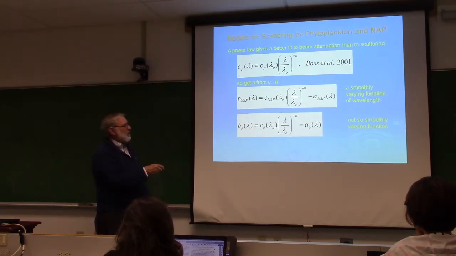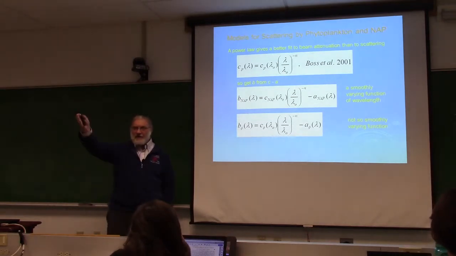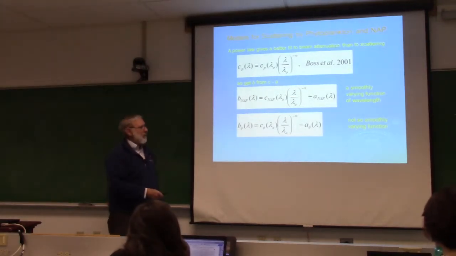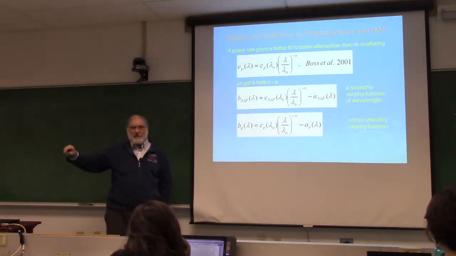So you take the beam C and you subtract the absorption, and once again you get a very smooth function of wavelength. If it's a phytoplankton, the beam C may still fit this curve pretty well, but the absorption now has some bumps in it.